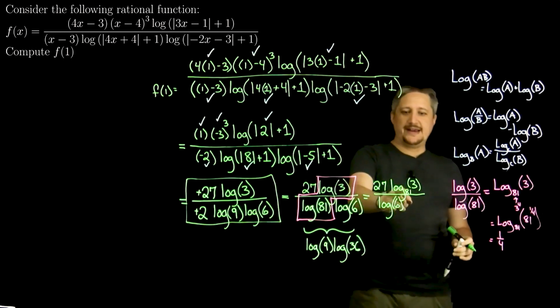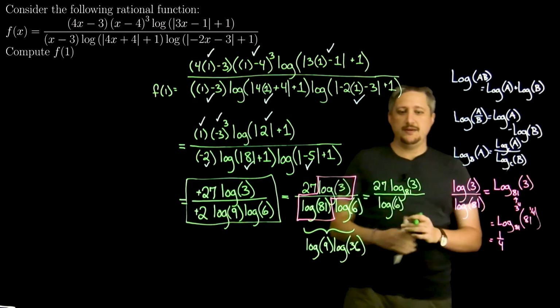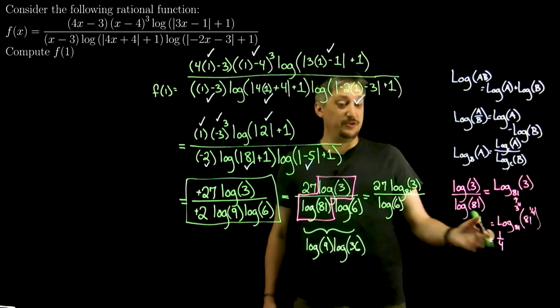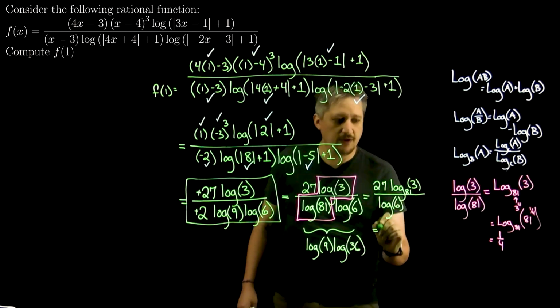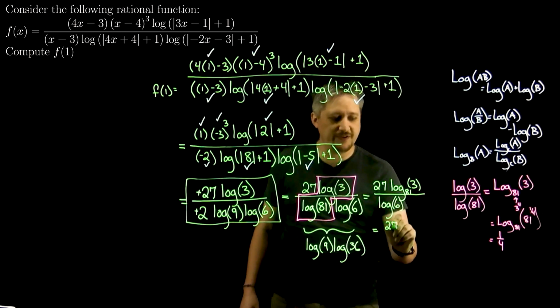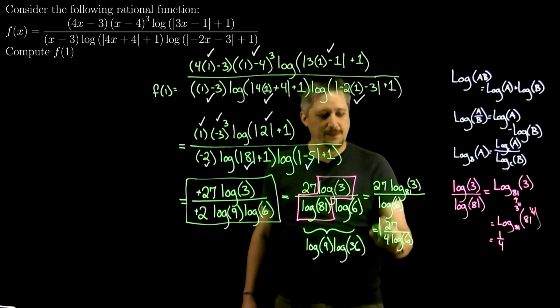And right now, I can't do another change of base because these are no longer the same base. But I just showed that log base 81 of 3 is really just 1/4. So that means I can replace this with 1/4, meaning that I really have 27 over 4 log of 6. All right.